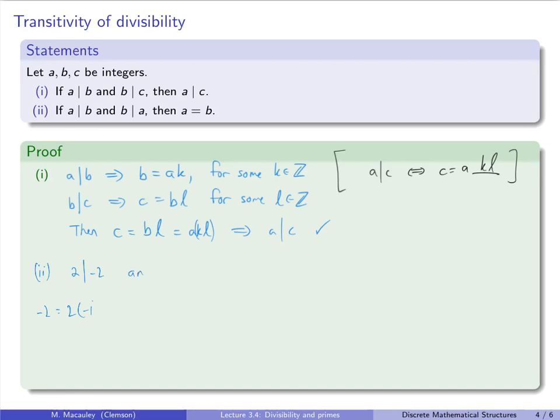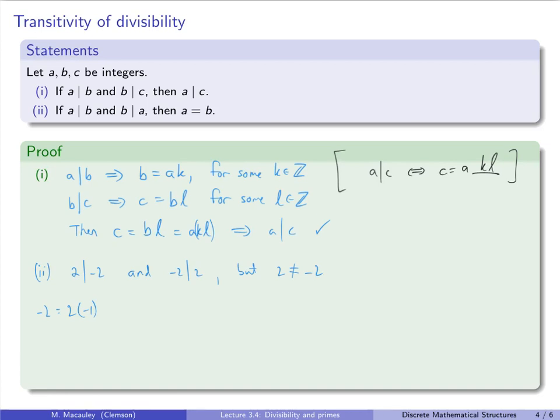And similarly, negative 2 divides 2, but 2 does not equal negative 2. So something close to this is true. I think if this holds for the integers, a and b are either the same or they differ by a sign, plus or minus. Though I encourage you to check that. There might be strange things that happen if 0 is involved, but I don't think so. I think that's something that we could prove.